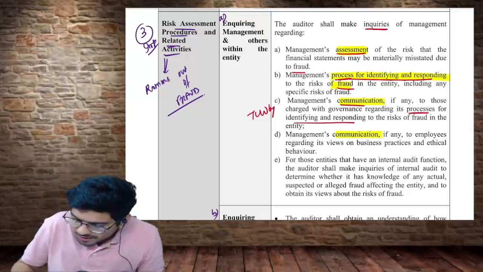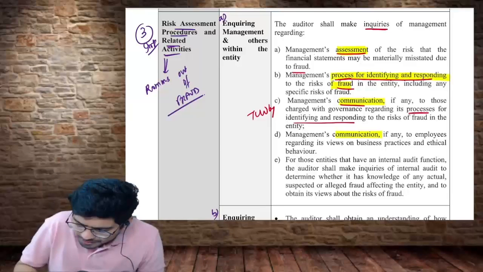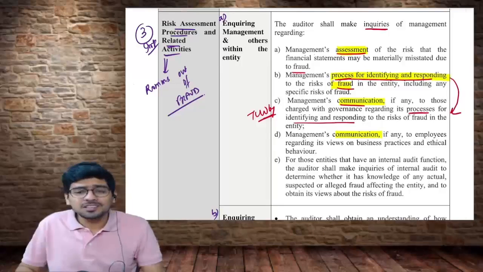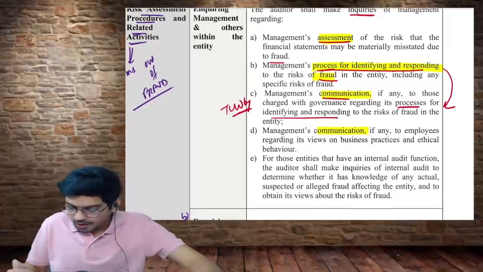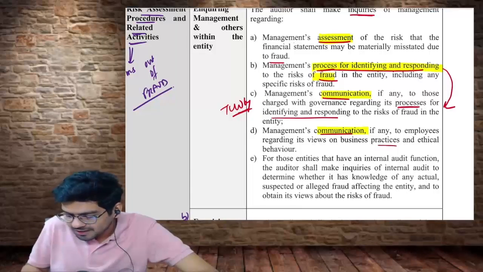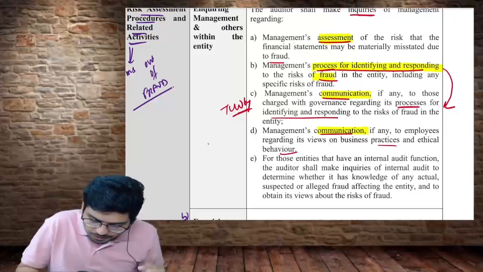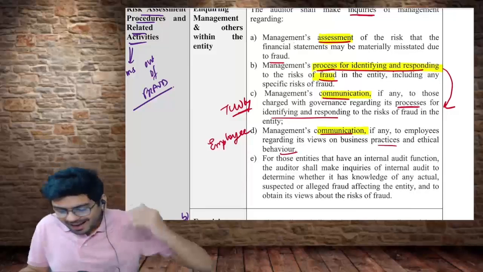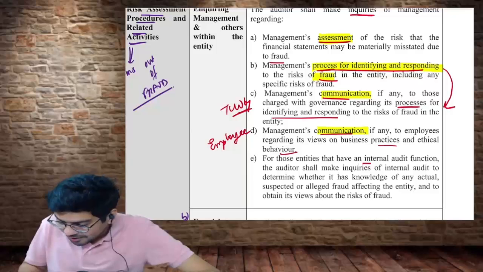They are going to communicate that yeah, this is their process for identifying and responding to fraud. Again, management's communication to employees regarding its views on business practices and ethical behavior. So this is a communication with respect to employees. Okay, and for those entities that have an internal audit function.